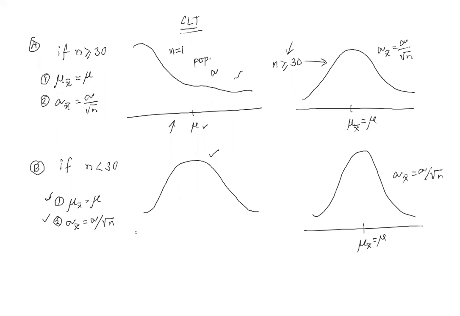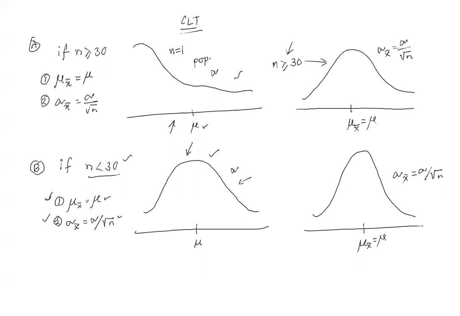So this one has a mu and sigma standard deviation. So the bottom line is that if sample size is less than 30, the initial population that you are drawing your samples from must be bell-shaped. Then both of these conditions will be satisfied. But if you do not know that the initial population is bell-shaped, then for sample size less than 30, you could not conclude these two.